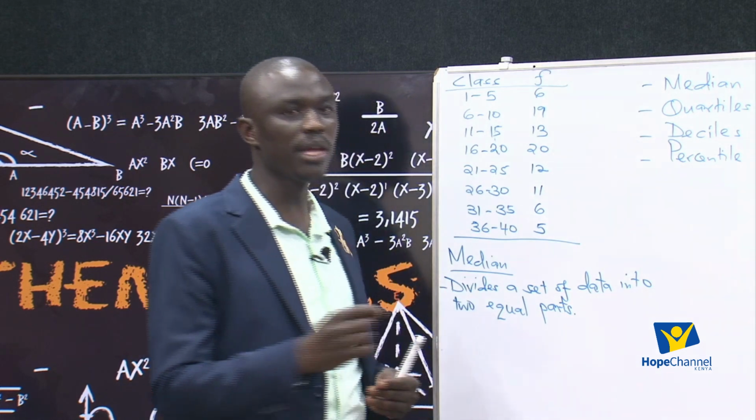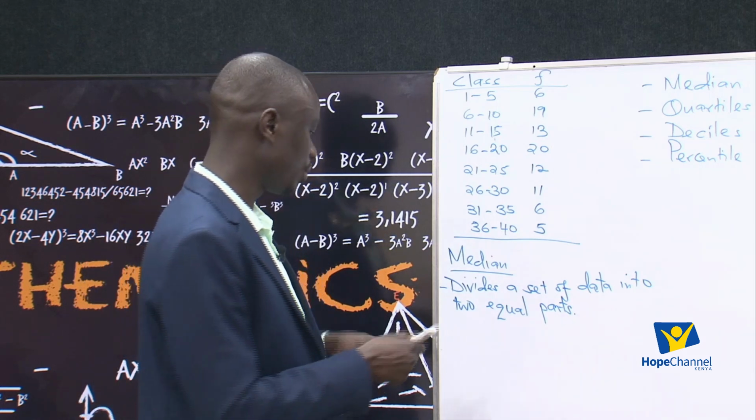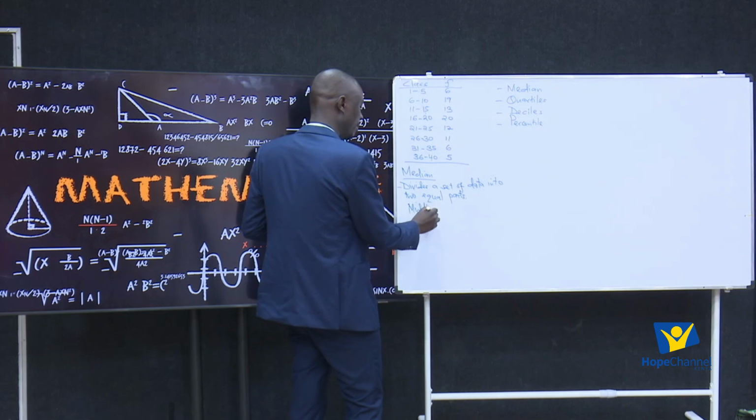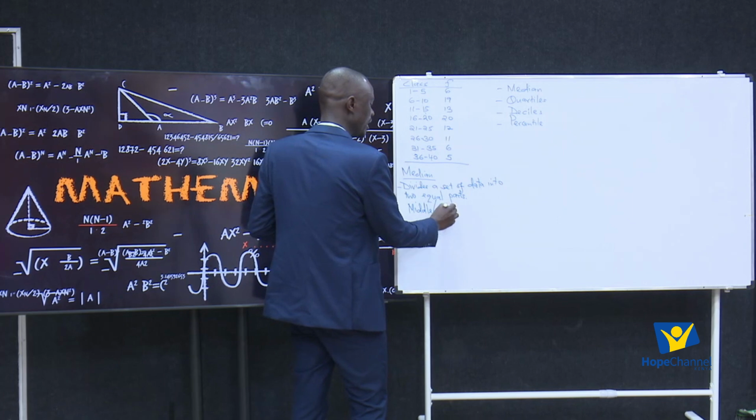So how do we get the middle item? We call it the middle item or the median item.